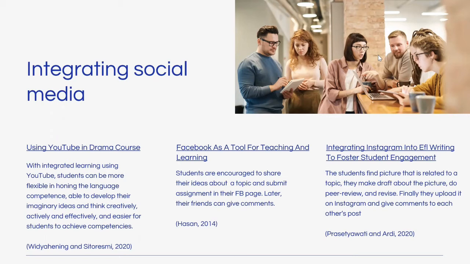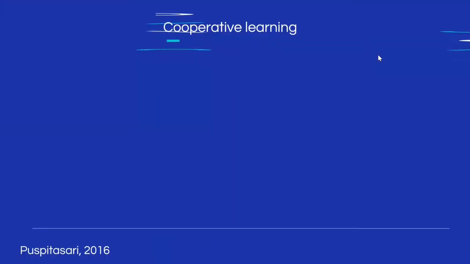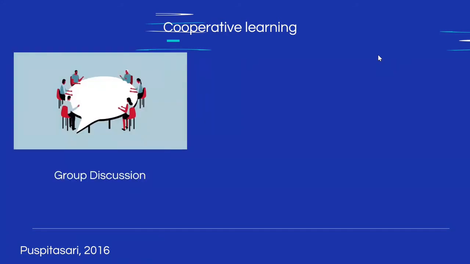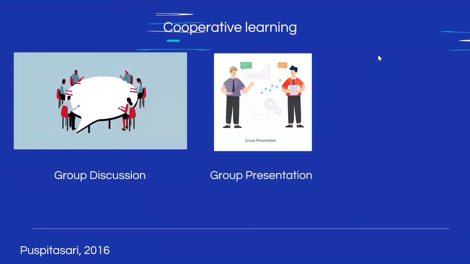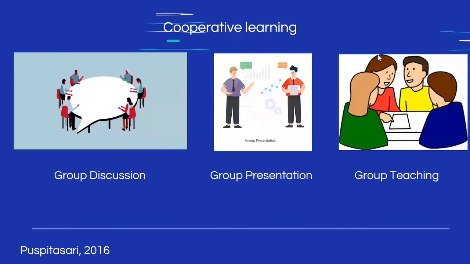Yes, Mas Riko. And we still have the other activity that you can try. This activity can be done by practicing cooperative learning, where the students are the center of the classroom. They can have group discussion, group presentation, and group teaching. In group teaching activity, the students are put in a small group of around 3 or 4 to teach other students about the topic they are capable of.